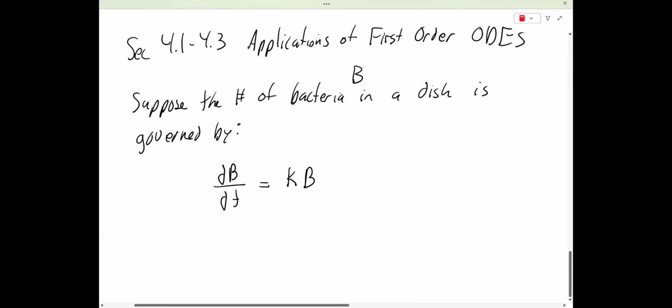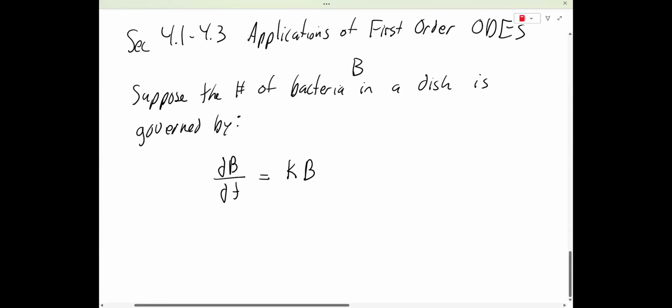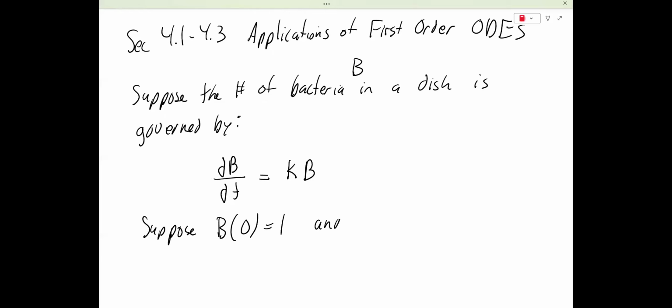Okay, and let's suppose also here, suppose at time 0 there's 1 bacteria, so B(0) = 1, and let's say B(5) = 100. The time might be in days, hours, minutes, whatever.